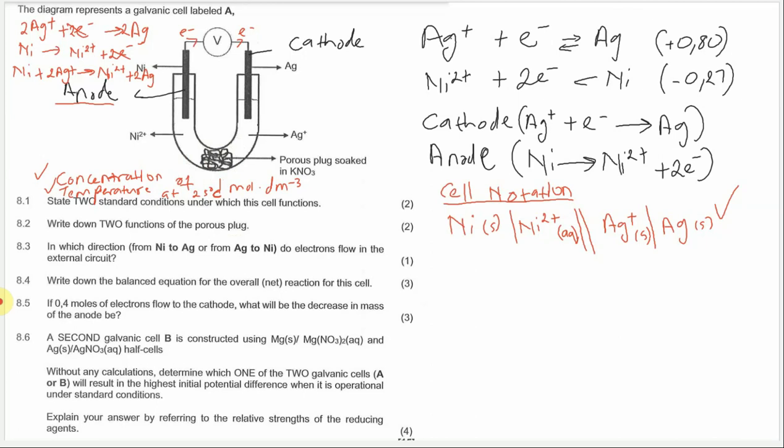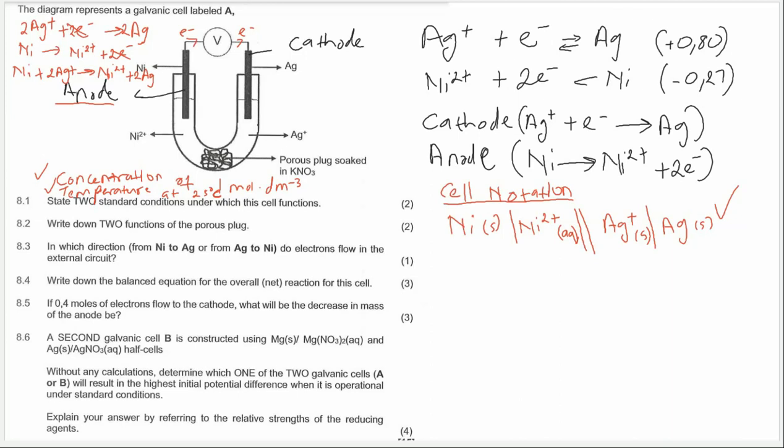These 2 sides of this curved cylinder are connected, and we can assume that this is acting as a salt bridge. So if you know the functions of the salt bridge from your theory, it will be easy to answer this. There's nothing new here. Don't be scared. Don't think that maybe this is something different.